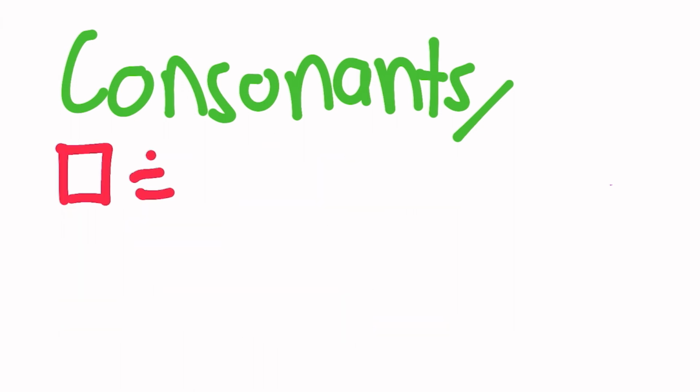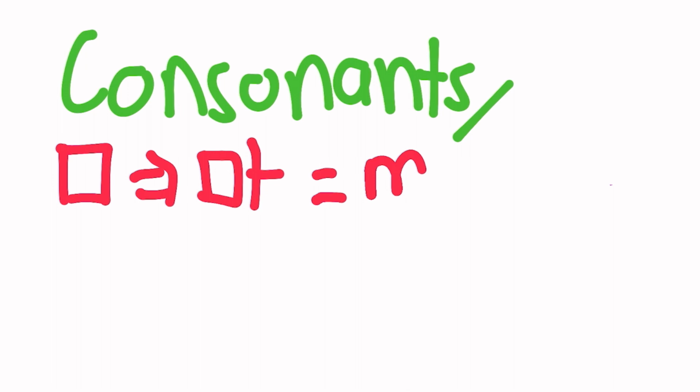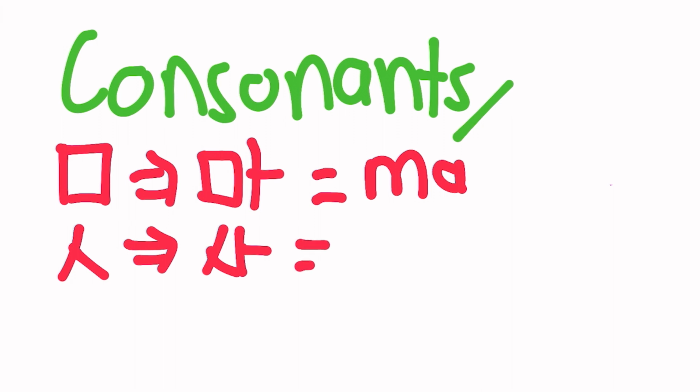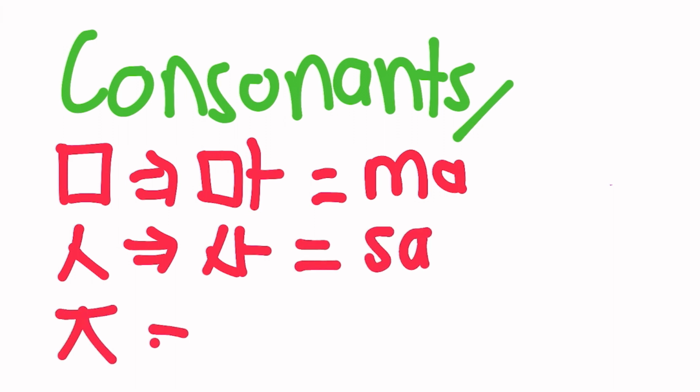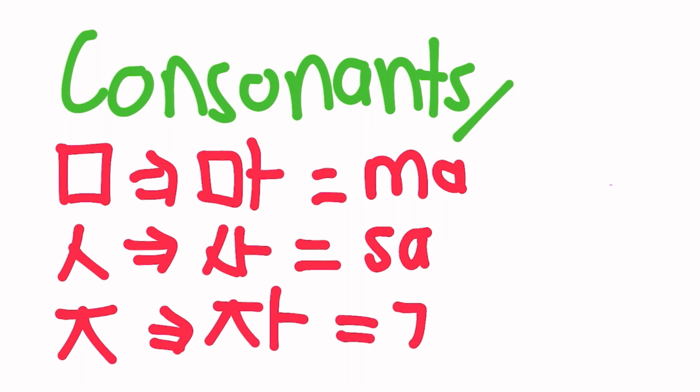Next, we have M. We can read it with a vowel here, and it becomes ma. Next, we have S, and then we pair it with a vowel, then it becomes sa. Next again, we have J right here. We pair it with an A, and then it becomes ja.